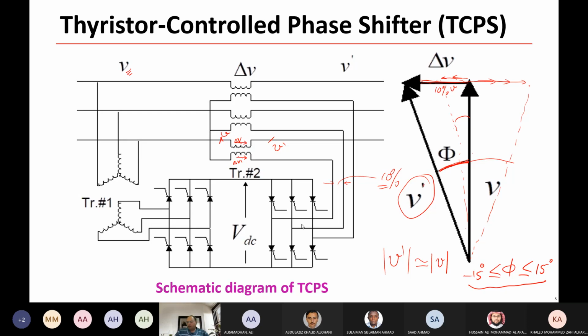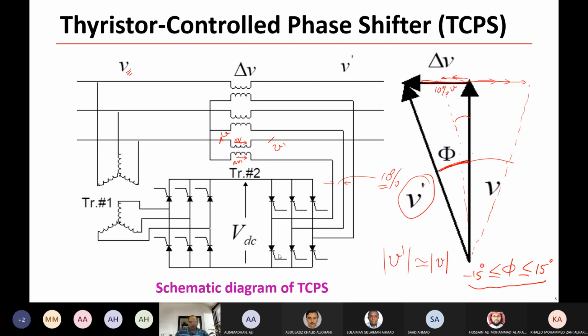But of course, you can eliminate the harmonics using filters. Instead of having six valves or six switches, you can use more switches. You can use a multi-level inverter. You can use, of course, IGBT.